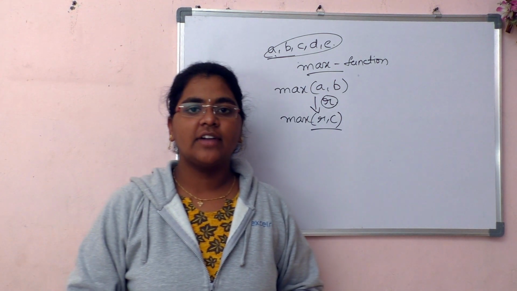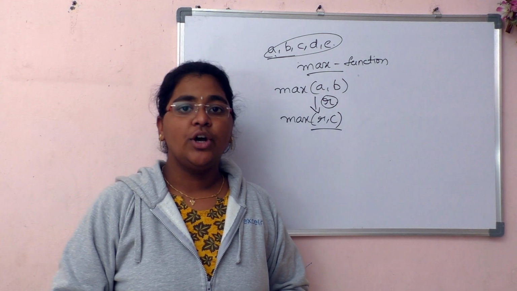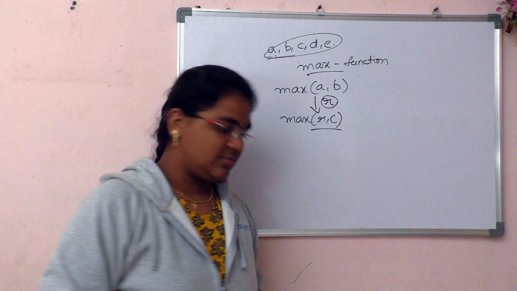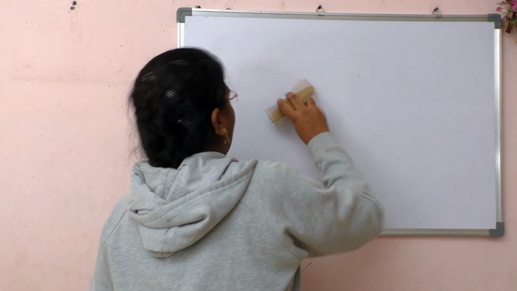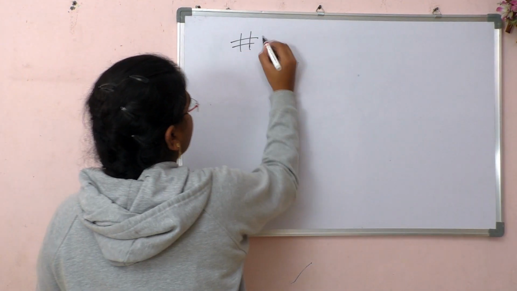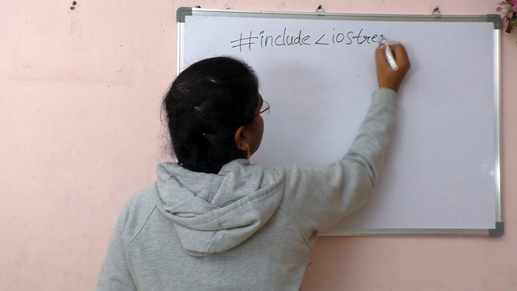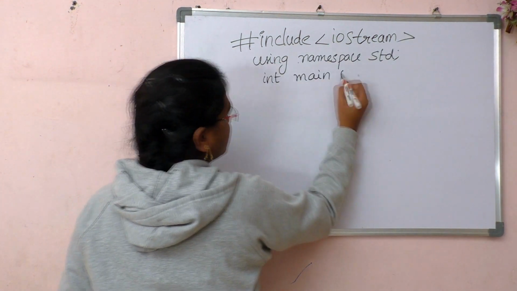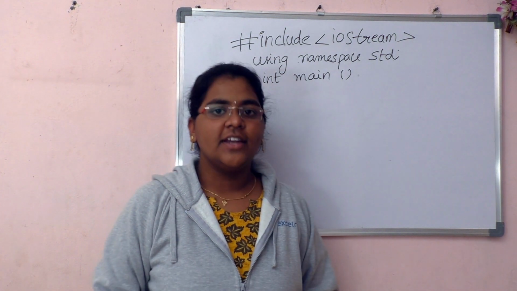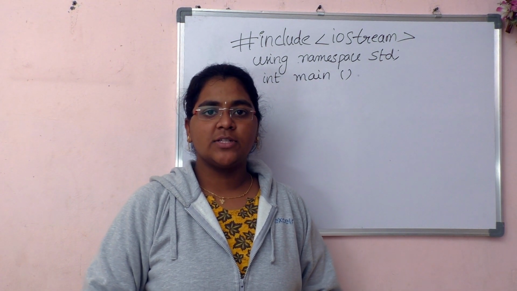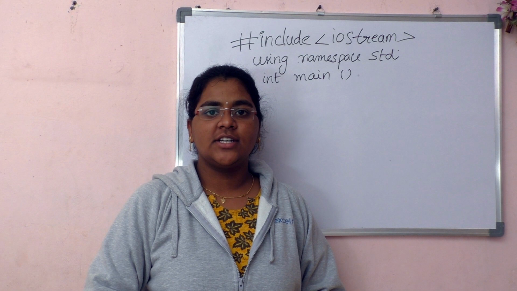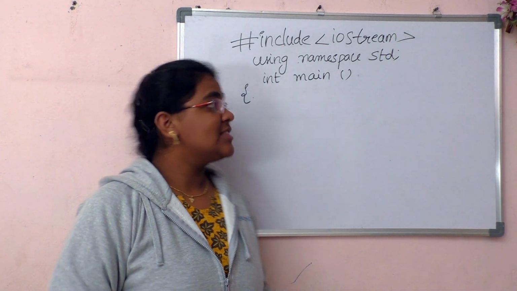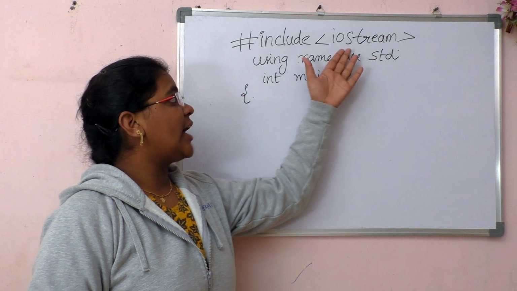Now let us start writing a simple C++ program to find the largest among the 5 integers using a max function. First, let us start the program with header files, which is nothing but #include iostream.